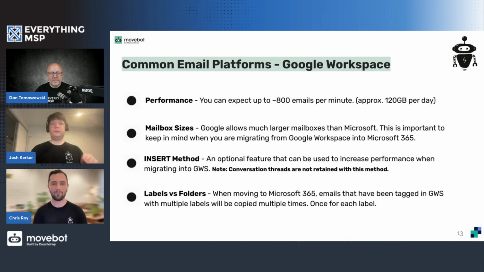Up first, we have Google Workspace. For each of these platforms, I'll touch a little on what performance expectations you can expect to see. On the Google side, we normally can expect up to around 800 emails per minute. We like to use emails per minute to calculate roughly what the performance is like.